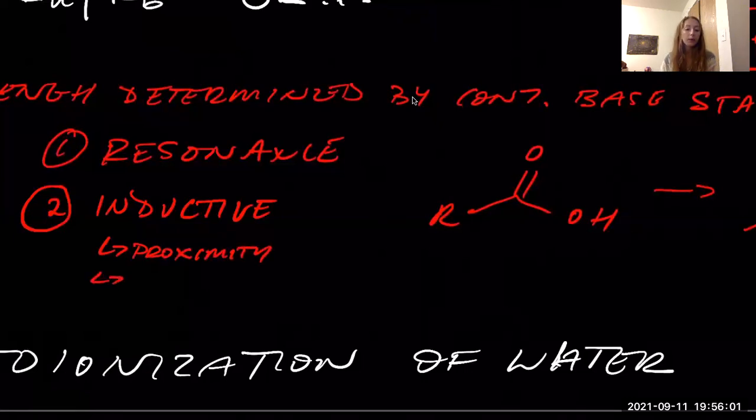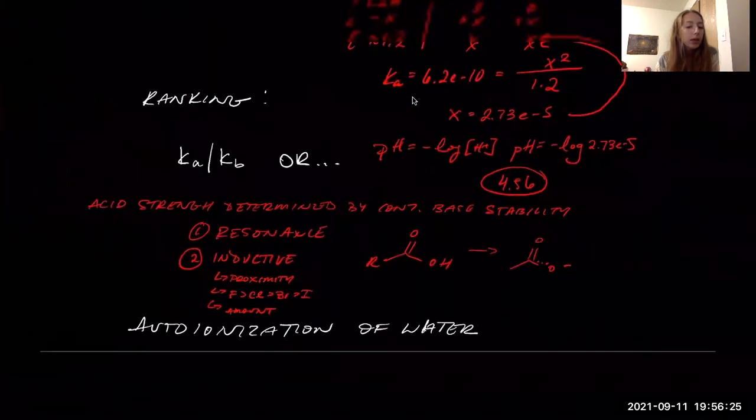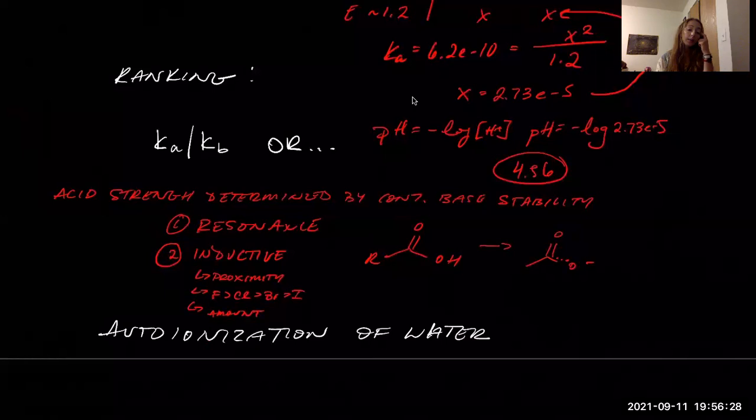The other component would be what kind of atom it is. So the more electronegative, the more supportive. So fluorine is most electronegative, then chlorine, then bromine, then iodine. Okay. Last thing we want to consider is the amount. If we have more, that's more supportive. Okay. All right. So we'll look at an example of this in the practice quiz explanation.